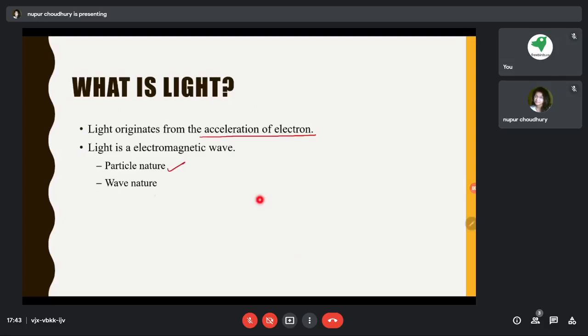One is the particle nature and the other is the wave nature. So what is this particle nature comprising of? Suppose I have a torch. Okay, I'll show it to you.